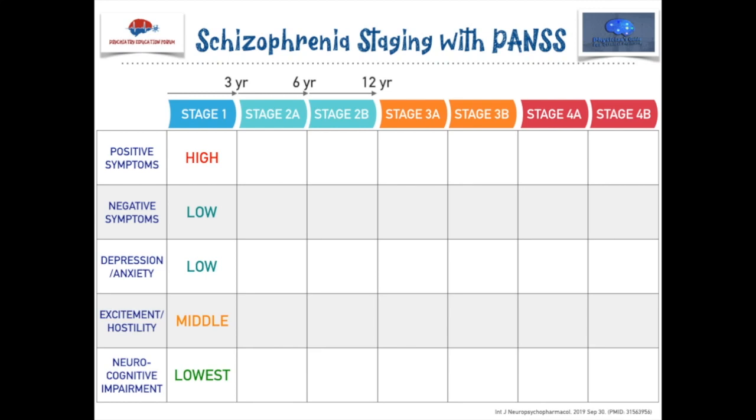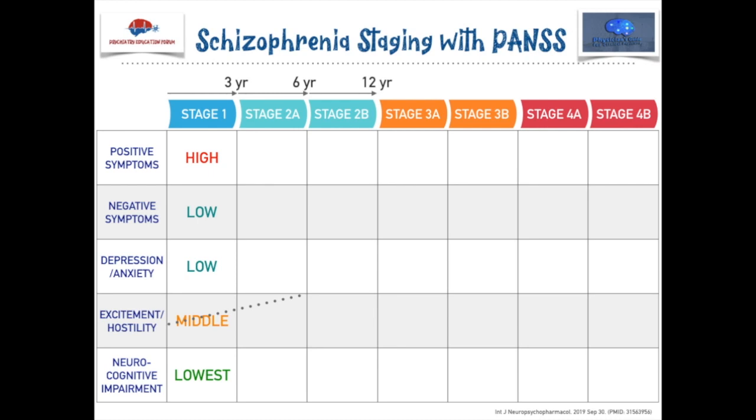Now let's see which symptom will dominate here. So in stage 1, positive symptom was dominating. In stage 2, excitement and hostility are the dominant ones. So you will see a lot of these dots going into the picture now. The excitement and hostility continues to increase from stage 1.